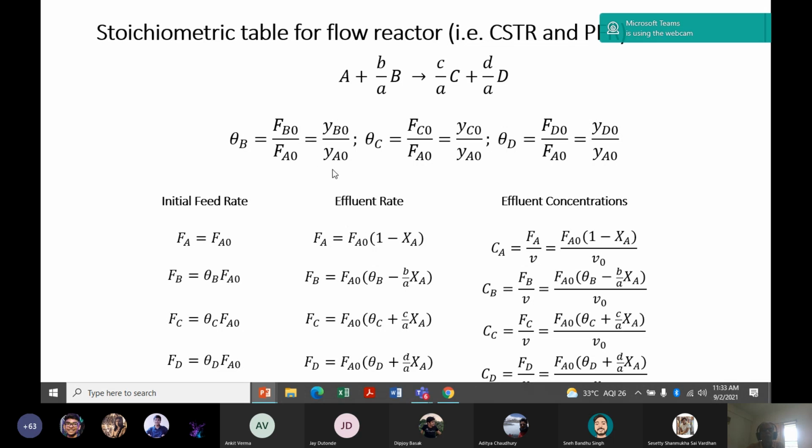And when it is required, mole fractions. In case of gas phase reaction problems, in the problem statements you will find that it is given 30% A and 30% B and 40% inerts are added in the feed.